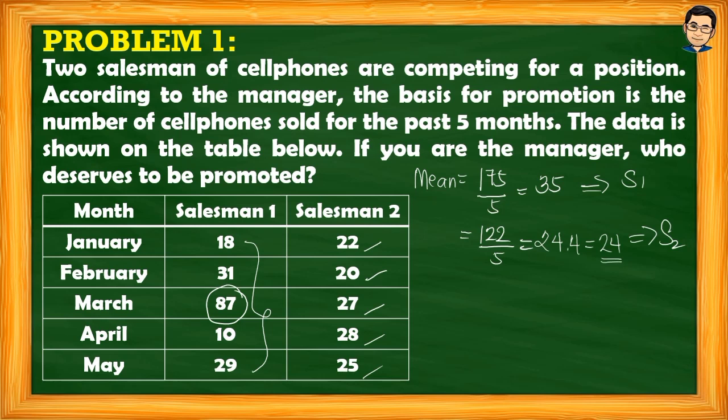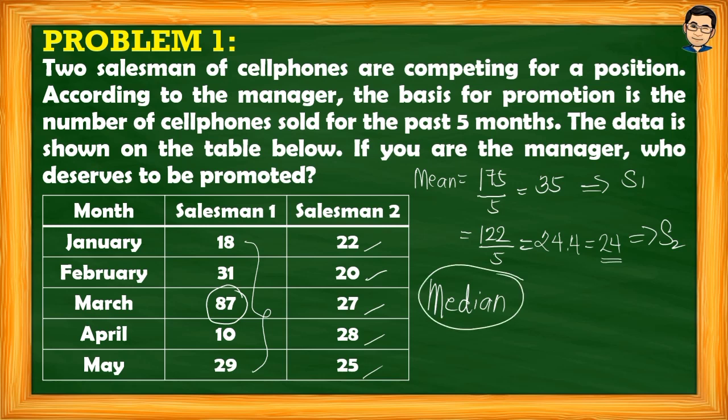Yung 24 na yan, malalapit lang po yan dito sa ating mga nakuhang cellphone units na nasold ni salesman 2. Yung mean, hindi natin siya pwedeng gamitin dito na batayan, because meron tayong extreme value dun sa salesman 1. Ang akma natin gamitin dito is median.